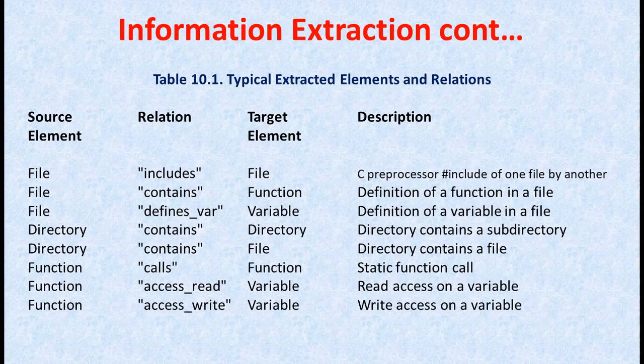The include relationship between the files gives us a set of dependencies between the system files. The access read and access write relationships between the functions and variables show us how the data is used, and certain functions may write a set of data and others may read it. This information is used to determine how the data is passed between the various parts of the system.